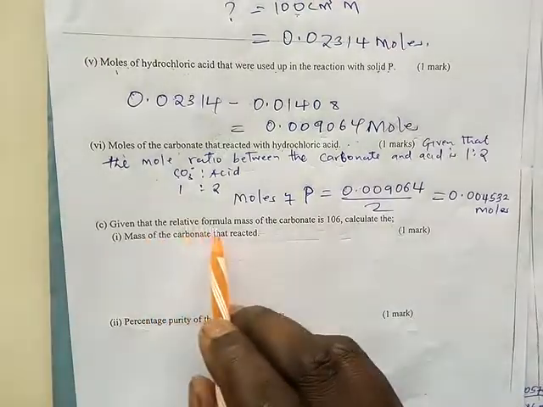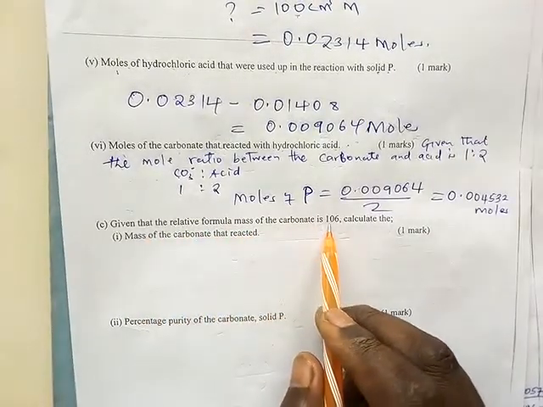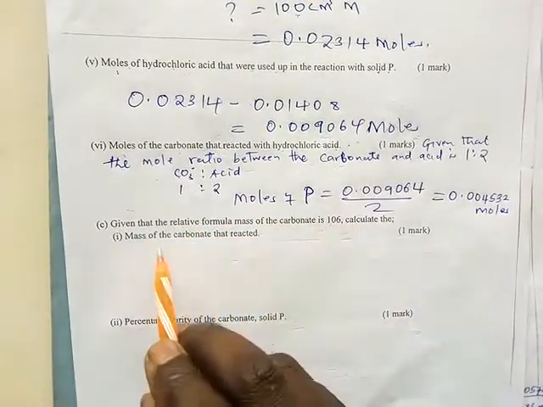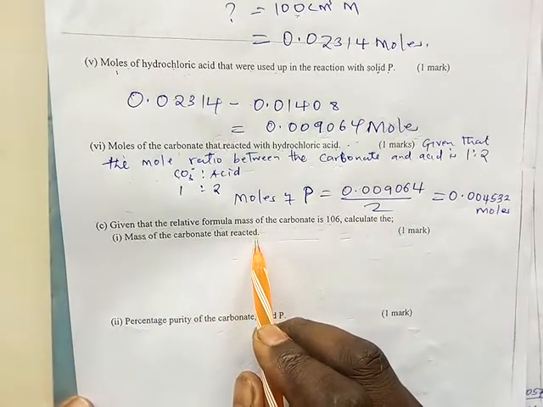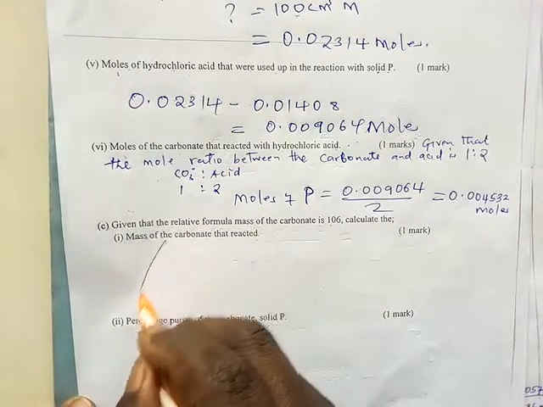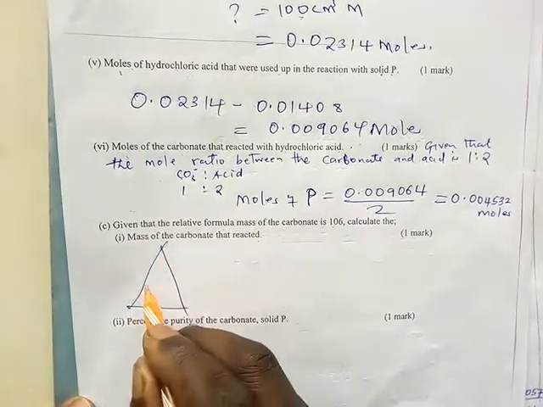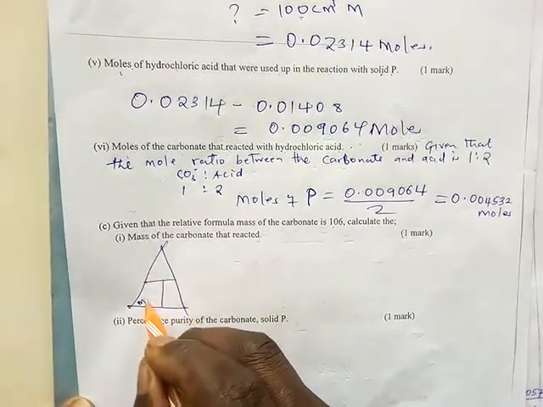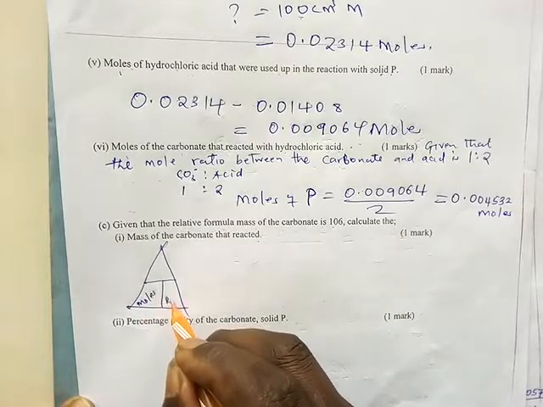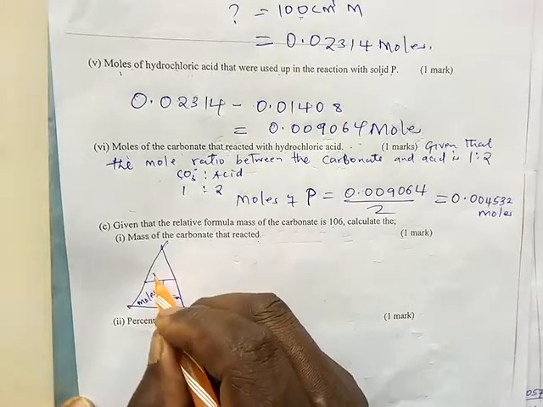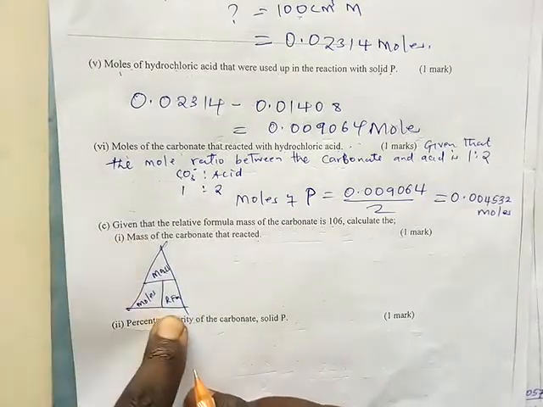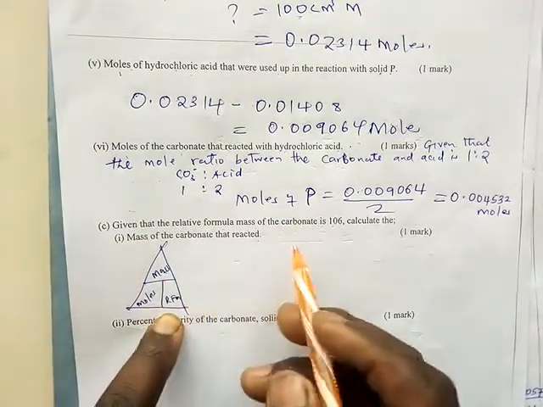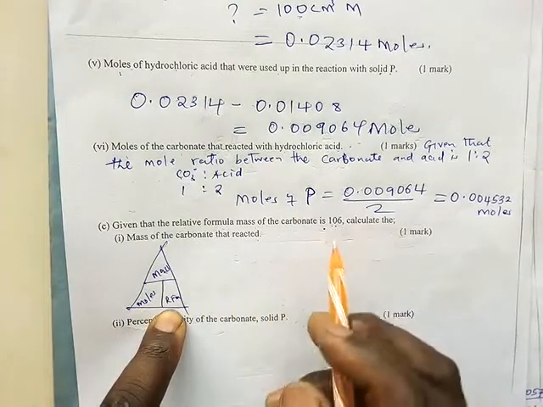Given that the relative formula mass of the carbonate is 106, calculate the mass of the carbonate that reacted. But we know mass from this triangle. Moles, RFM, mass. How do you get mass? Mass is equal to moles times RFM. Now we have moles of the carbonate P, and we have the RFM.